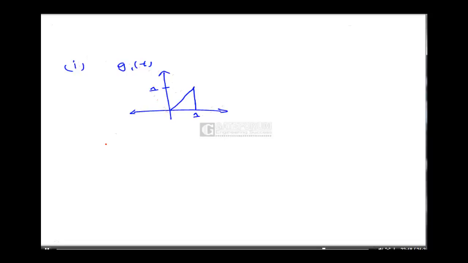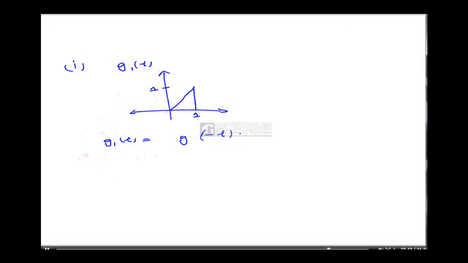Okay. If we see the relationship between g1 of t and g of t, g1 of t is g of minus t. That means it is a time-reversed expression of g of t. Okay. So the time reversal will cause a frequency reversal also.